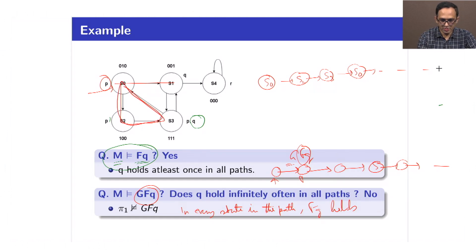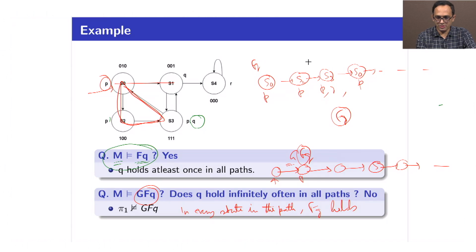Now, you see here P holds here, P holds here, PQ holds here and P holds here. Basically, you have to check whether future Q holds or not in this state. So, I have to see for this state S0, future Q holds because Q holds here. So, F of Q holds here.